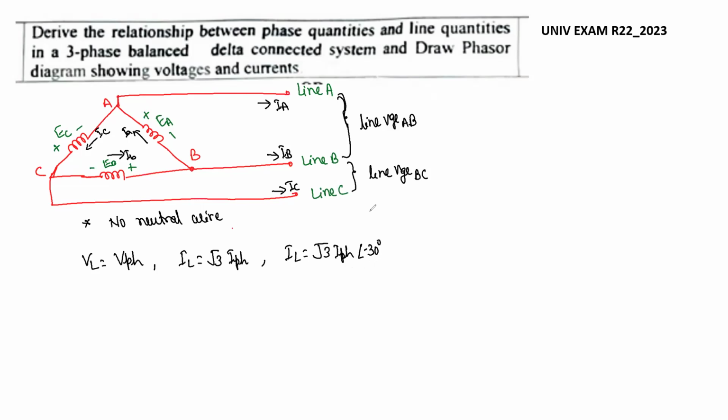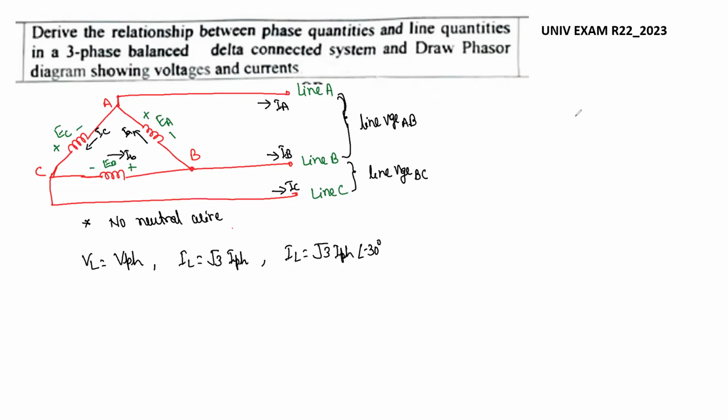Now the second part is to draw the phasor diagram. To represent the phasor diagram, we'll take three different colors, like red, blue, and yellow, to represent the three lines.